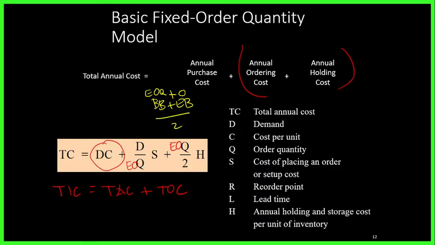Now, if you are holding, let's say, safety stock, medyo magbabago ito. Because you have EOQ plus safety stock. Bakit ganun? Because this is your ending balance, and this is your beginning balance, safety stock plus your EOQ, right? And then you divide that by 2.